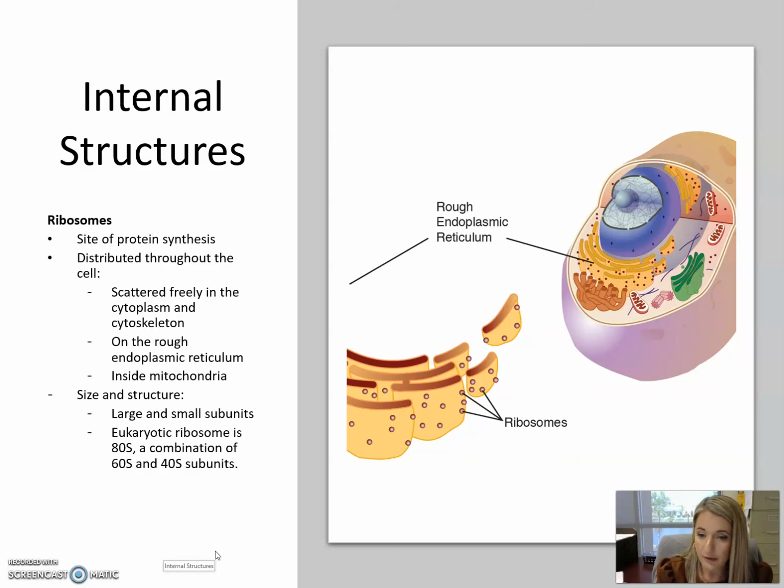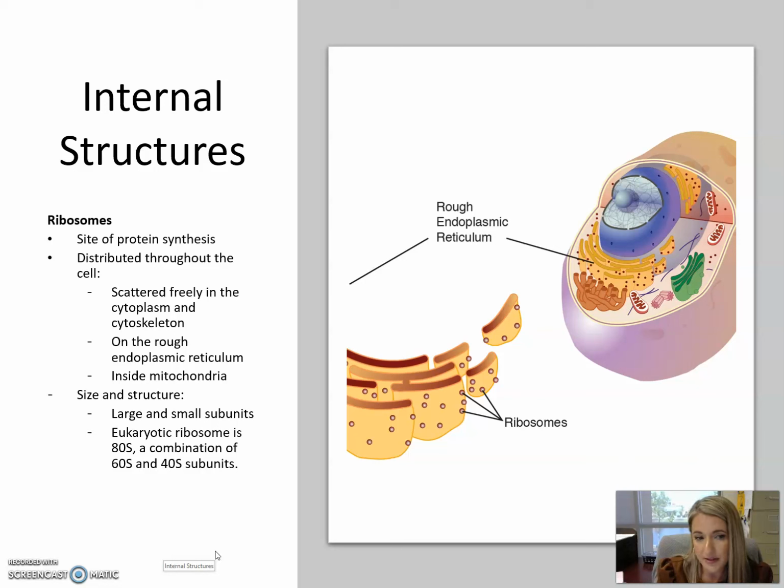Functionally, same function. They produce proteins. But structurally, there are some differences. As we learned in the prokaryotic lesson, the ribosome is composed of a large subunit and a small subunit that come together during protein synthesis, or translation, to produce a protein.